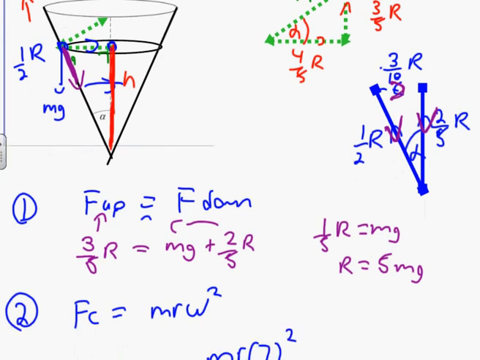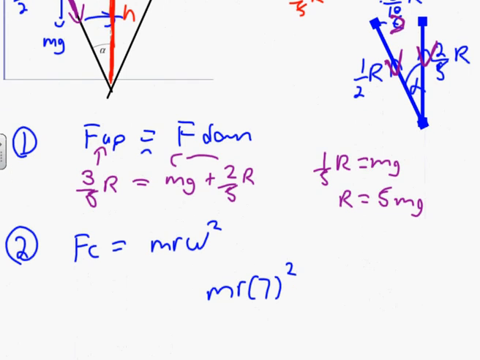Now, next part, centripetal acceleration, okay? So once again, it's still 7, but it says one of them's on the way up, the other one's on the way down. Now, what can you say about FC? It's the arrows that are going into the right. So what's going into the right?